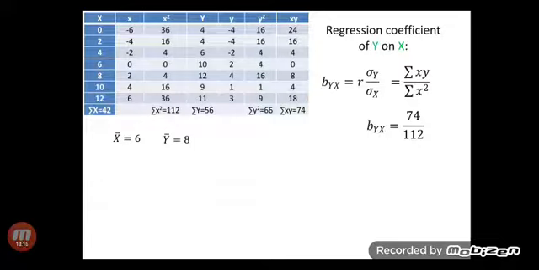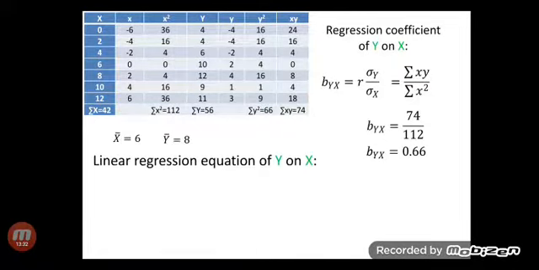So we get byx is equal to 74 by 112. After dividing 74 by 112, we get 0.66. So 0.66 is the regression coefficient of y on x, that is byx is equal to 0.66.